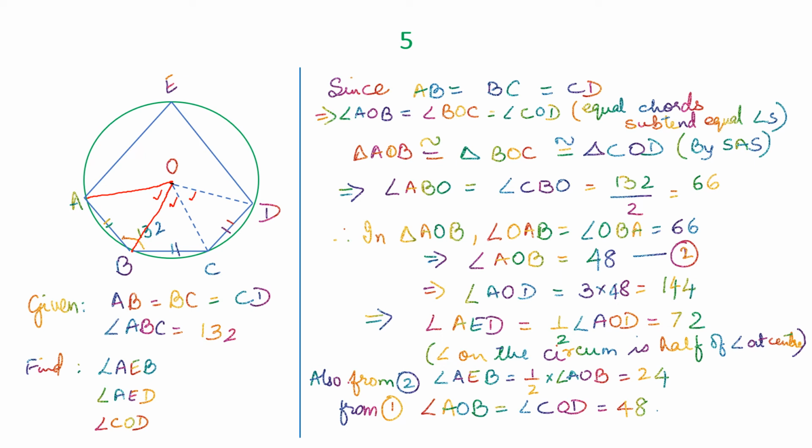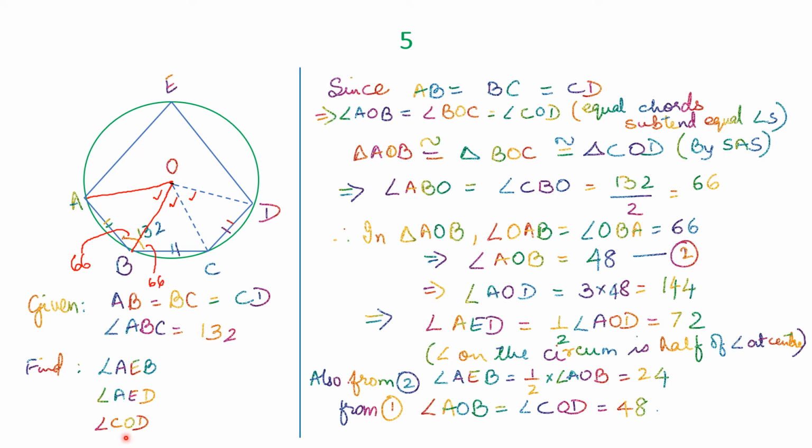And we have already proved in the earlier sum that triangle AOB, triangle BOC and triangle COD are all congruent triangles by the SAS postulate or even the SSS postulate, which implies that angle ABO, this angle and this angle, are both going to be equal, which means 132 divided by 2, so this is equal to 66 and this is also equal to 66.